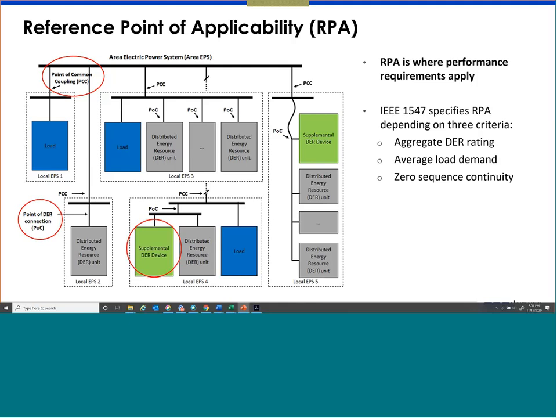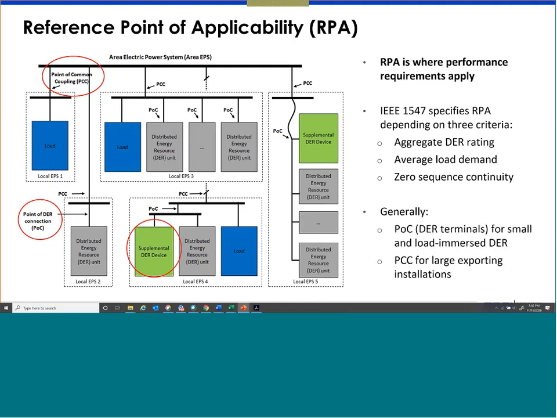So the question is, where is the RPA? In the standard, there are actually two flow diagrams or flow charts. They show the conditions. I won't go through the detail, but very briefly, if it's a smaller system, especially less than 500 kW, the reference point of applicability will be the POC. So basically, the DER terminal is where the requirements will be applied.